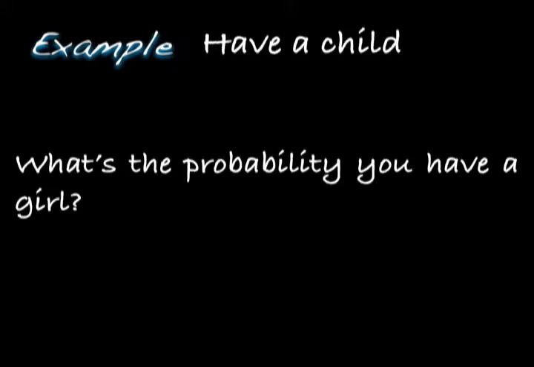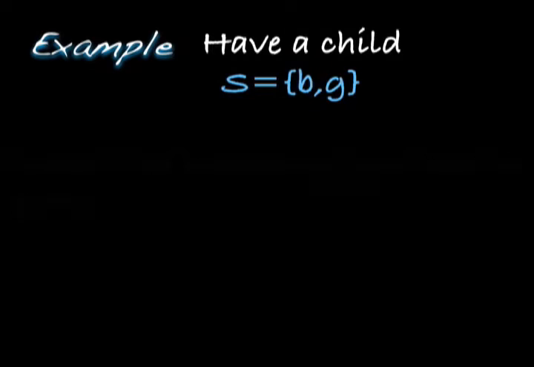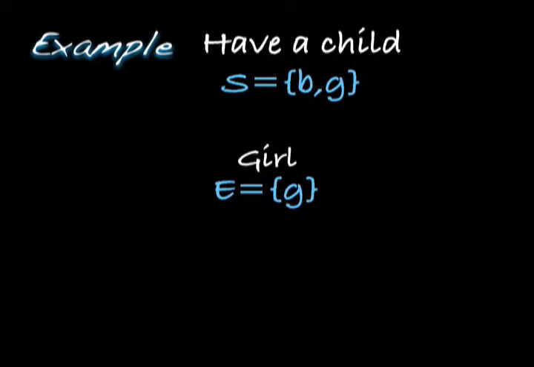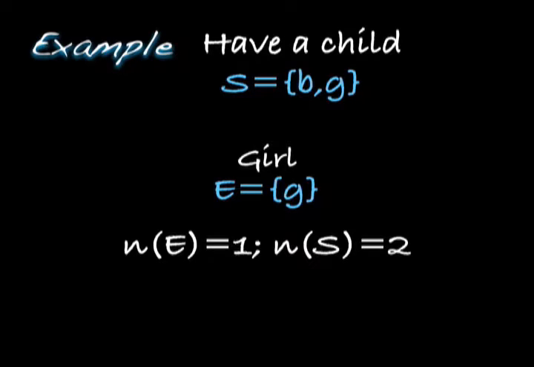Having a child, what's the probability that you have a girl? There are two possible outcomes, having a boy or having a girl. The event of having a girl is associated with the one outcome little g. There's one outcome associated with having a girl out of the two possible outcomes. We can now determine the probability.